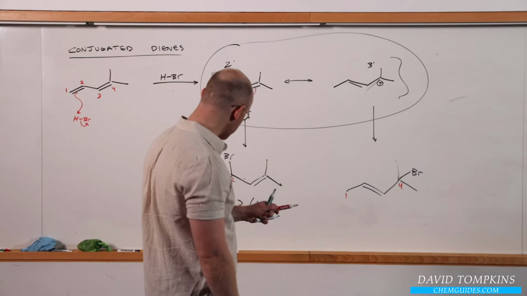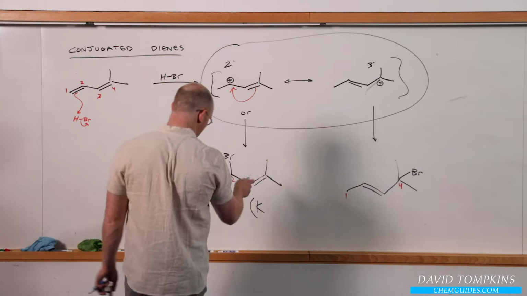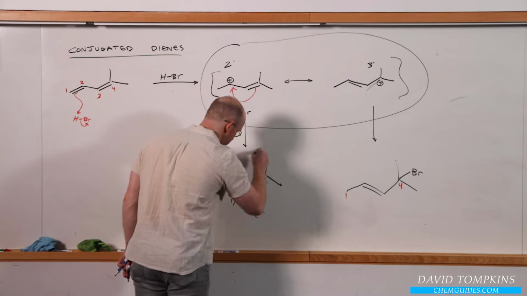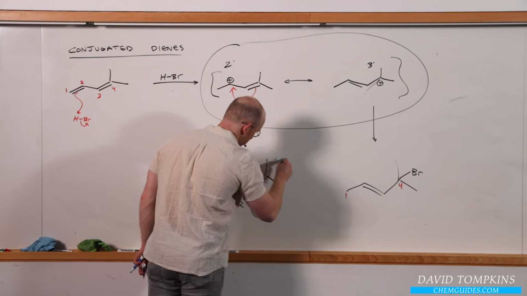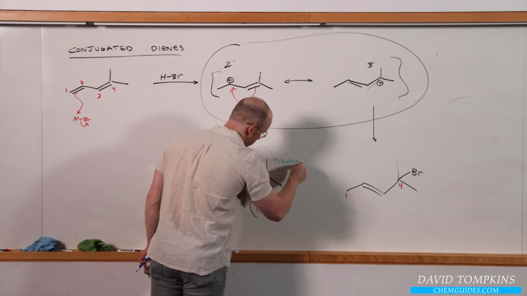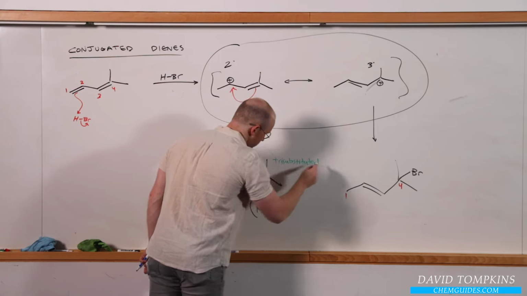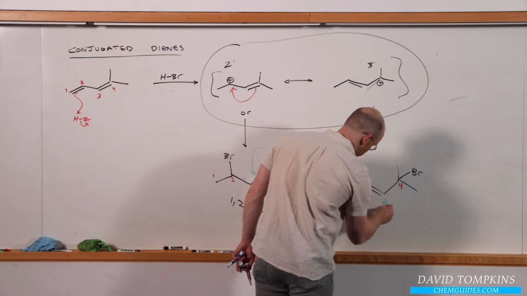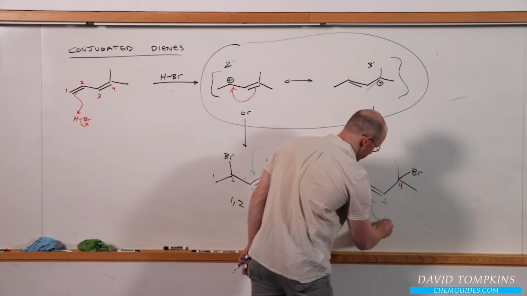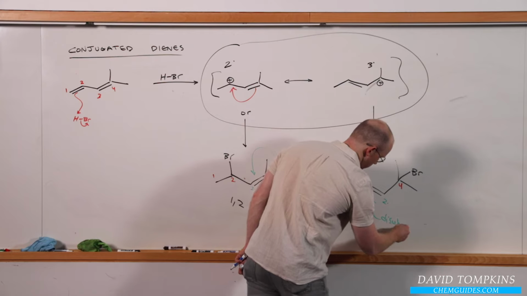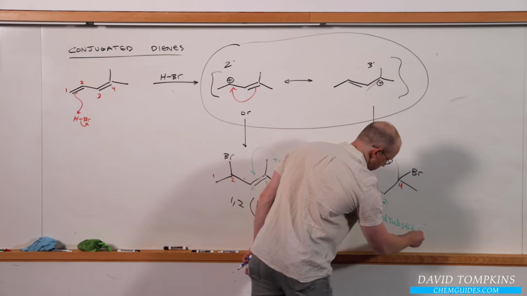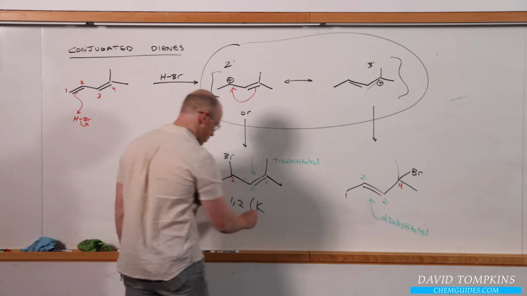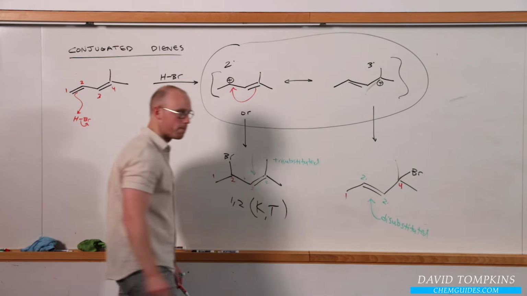However, also in this case, the alkene, which is a secondary and tertiary, or a tri-substituted alkene, is more stable than this secondary, or di-substituted alkene. Which means that this 1,2 product is both kinetic and thermodynamic.